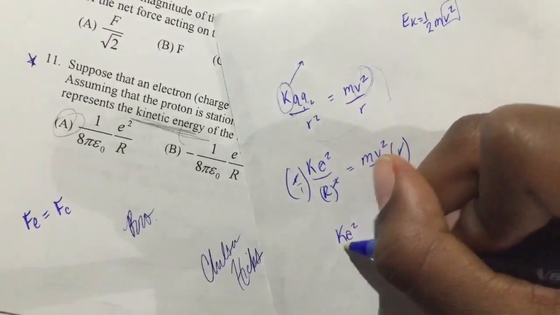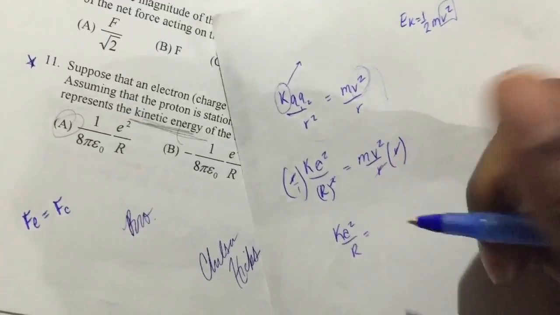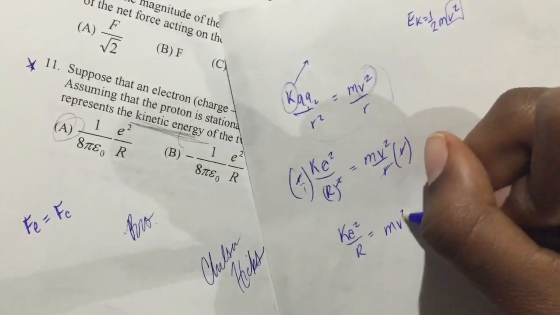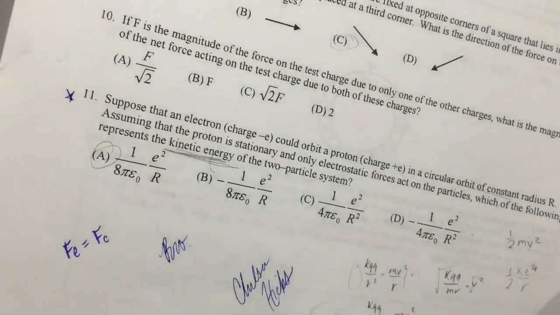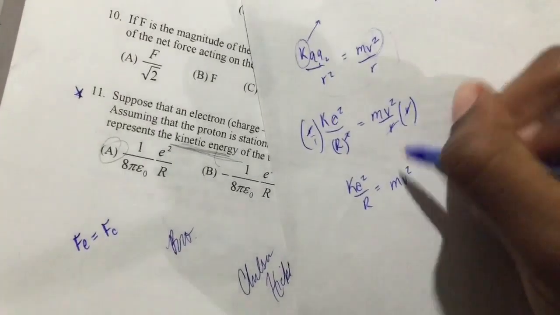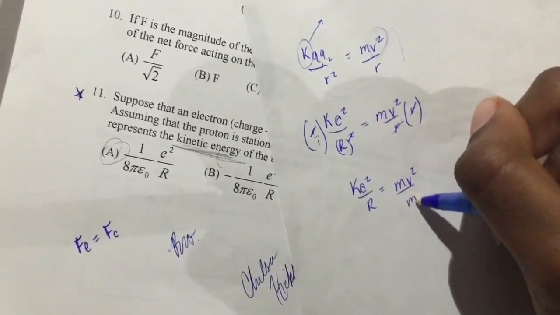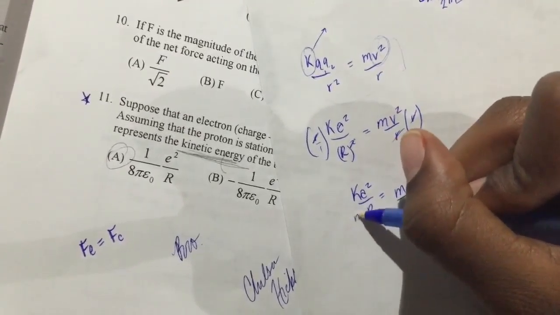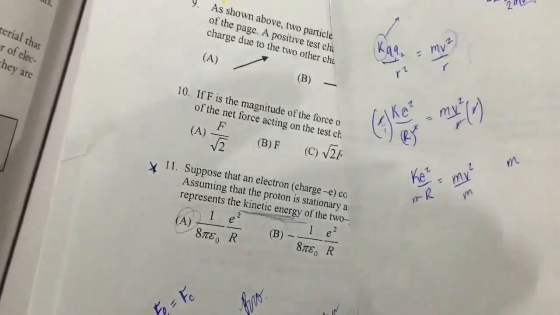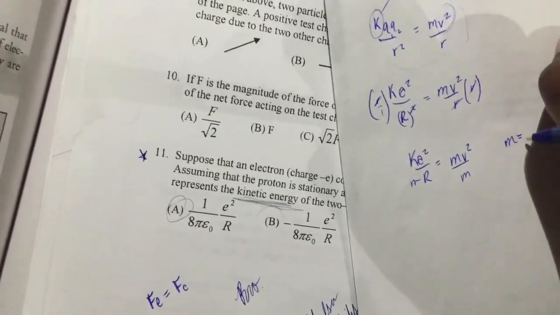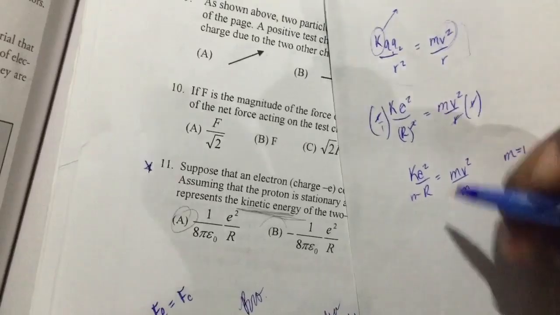So K e squared over r equals mv squared. So we would divide the m out, but I don't think the mass is accounted for in this equation, so we're going to make it equal to 1.